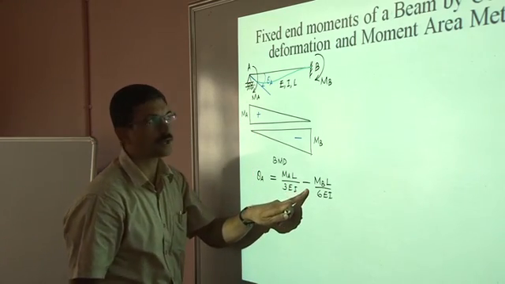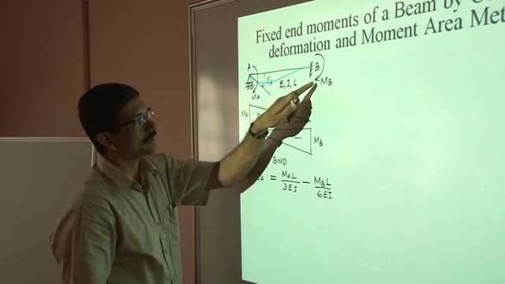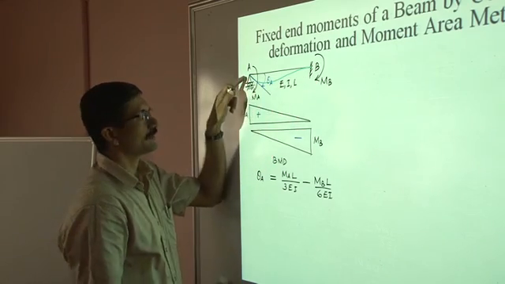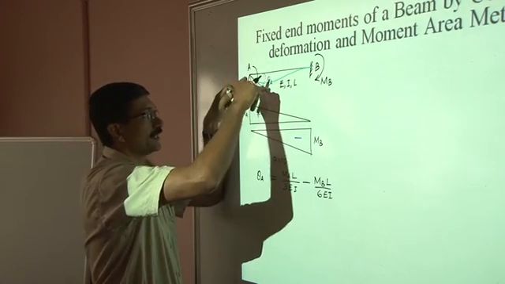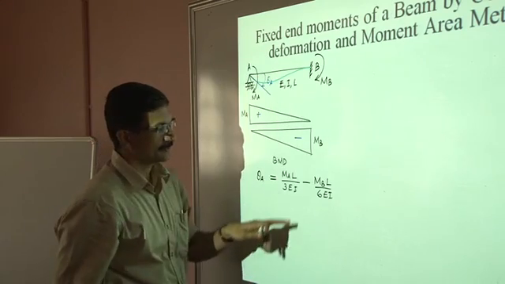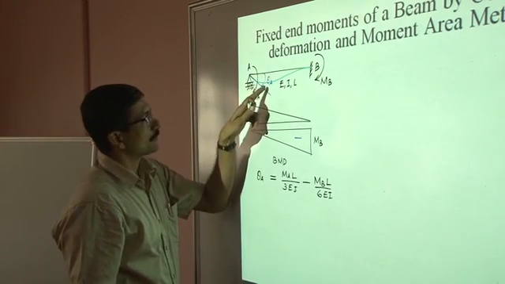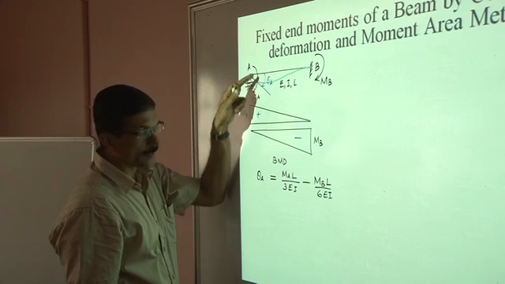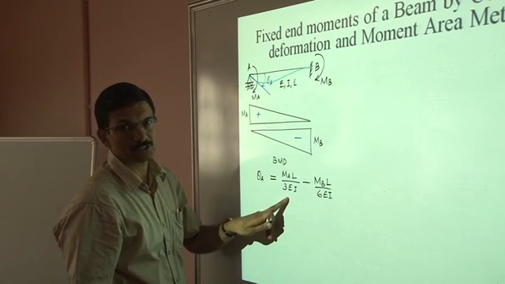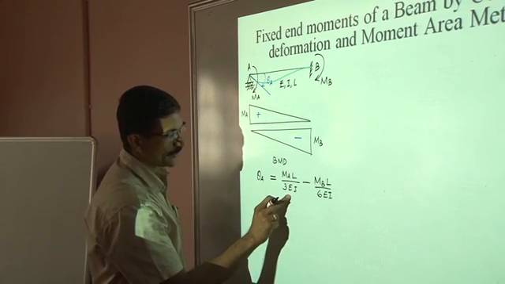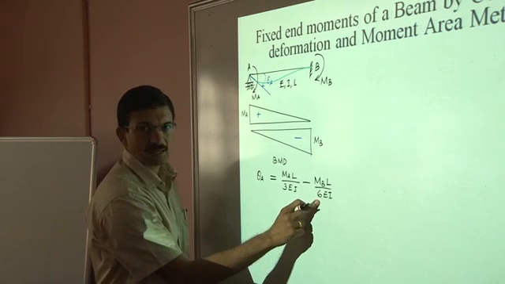Again the minus sign is because the slope induced by a clockwise moment here would be anti-clockwise. Rotation here is going to be anti-clockwise because of that. That's why the minus sign, and the rotation at this end due to a clockwise moment there would be positive, clockwise. So this is clockwise rotation, that is anti-clockwise rotation.